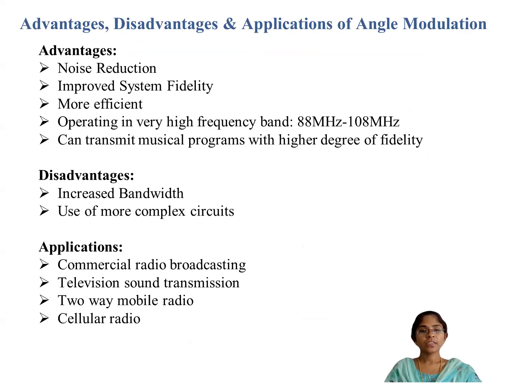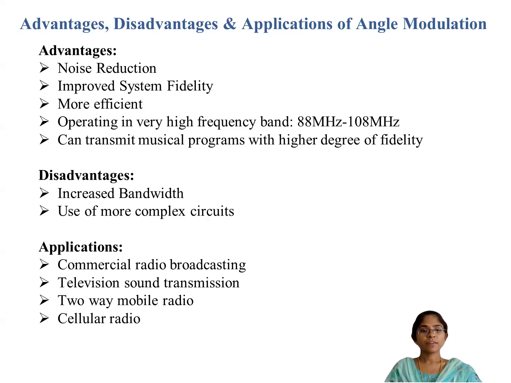Coming to the advantages, disadvantages, and applications of angle modulation. Among the advantages, it is superior to AM because of noise reduction. We can also reduce the carrier power, which is also one advantage.